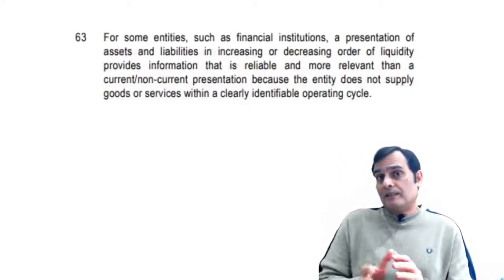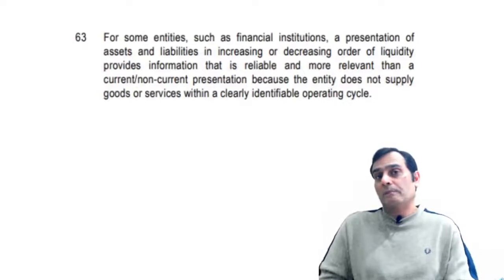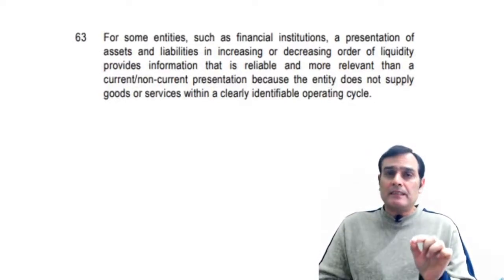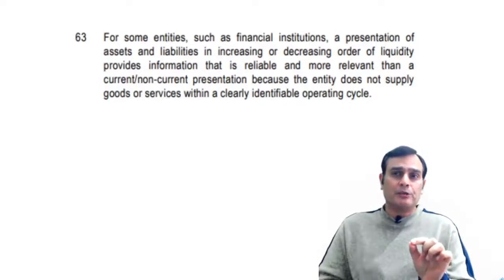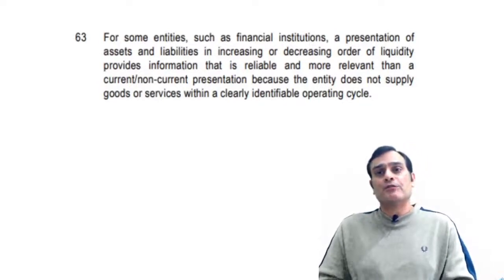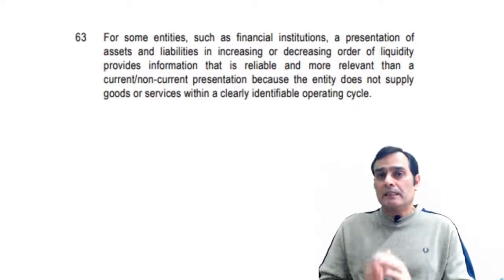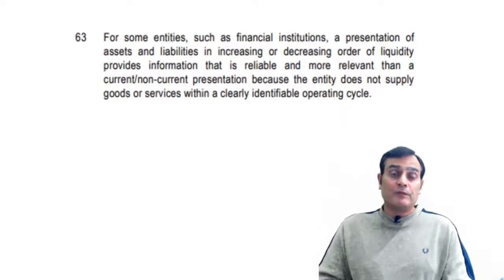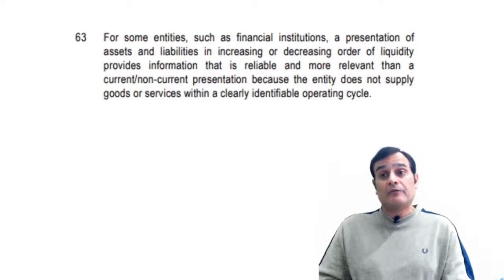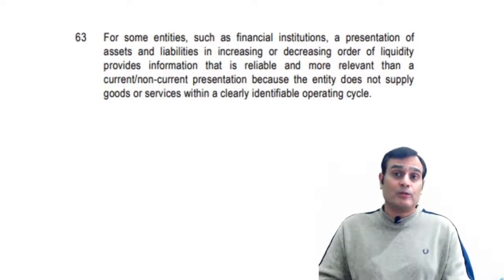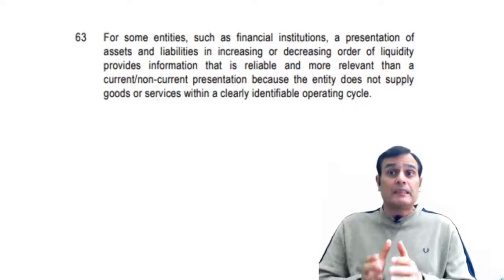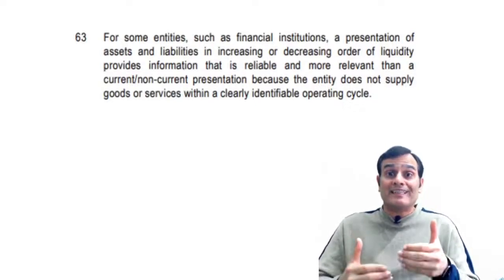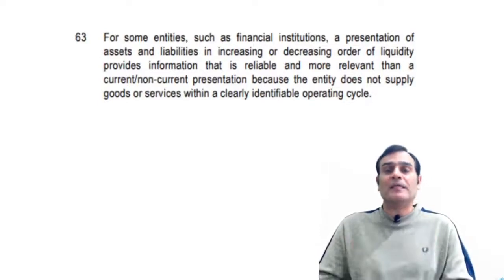So you need to read para number 60 along with para number 63. It says for some entities such as financial institutions, a presentation of assets and liability in increasing or decreasing order of liquidity provides information that is more relevant and reliable than a current or non-current distinction, because the entity is not supplying goods or services within a clearly identifiable operating cycle.